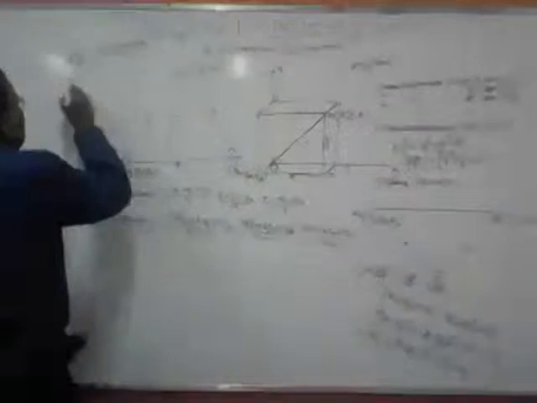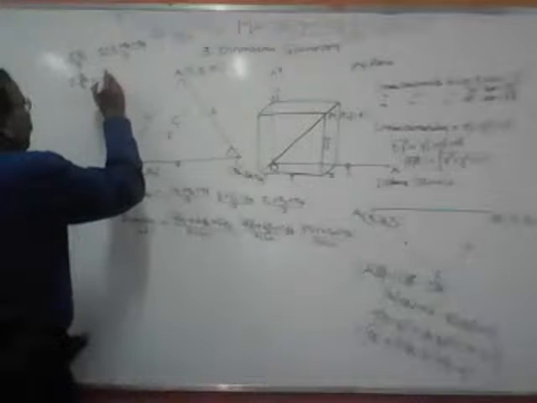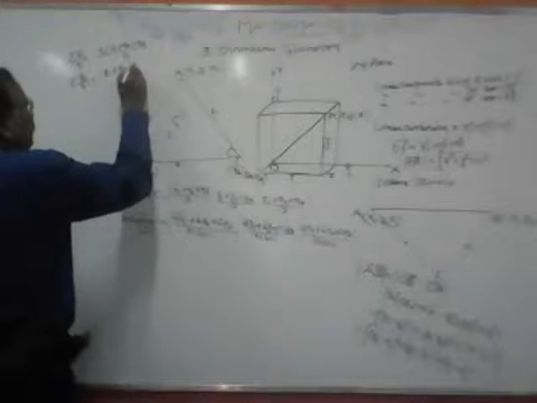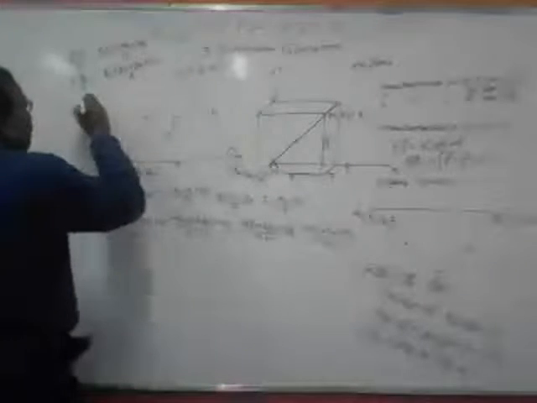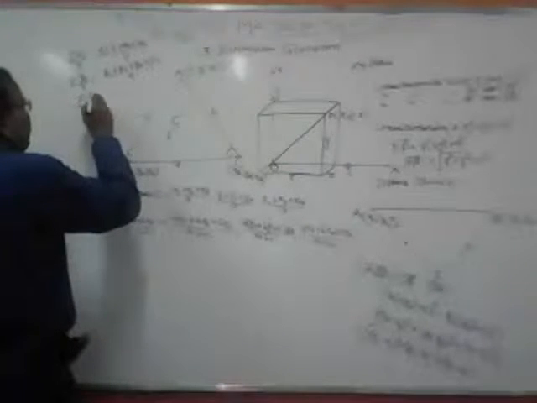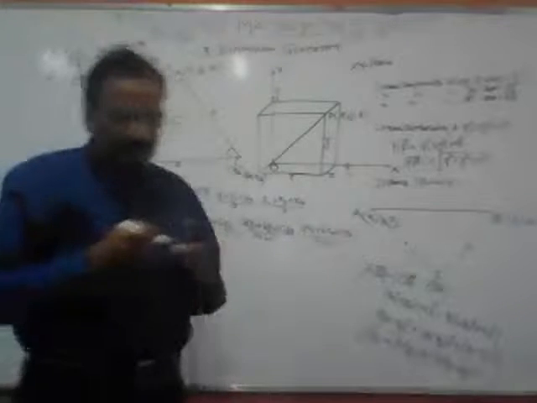In the same way, sigma yi upon 4 means y1 plus y2 plus y3 plus y4 by 4. And in the same way for sigma zi upon 4. That is the centroid of a tetrahedron.